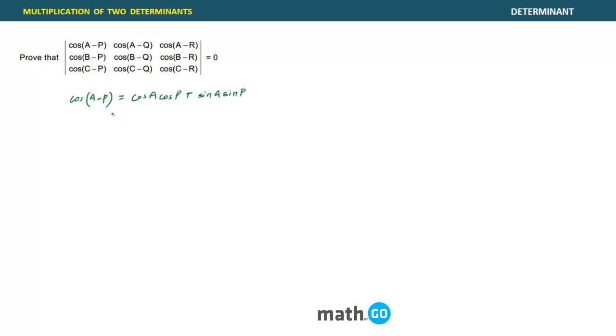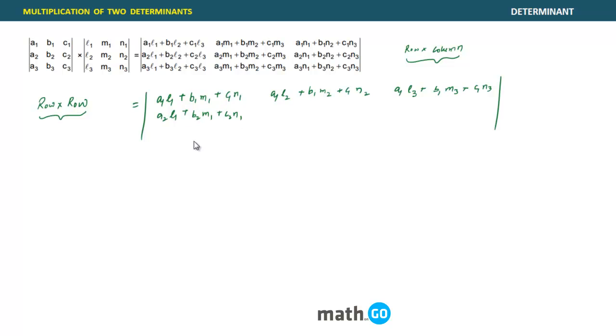If I just start putting the values here, the first term is cos a cos p, which looks like a product of two terms. Then you are adding something. Whenever you get something of this sort, where two terms are getting added, there has to be a third term also. Going back, this is a1 l1 plus b1 m1 plus a particular term which is missing here.